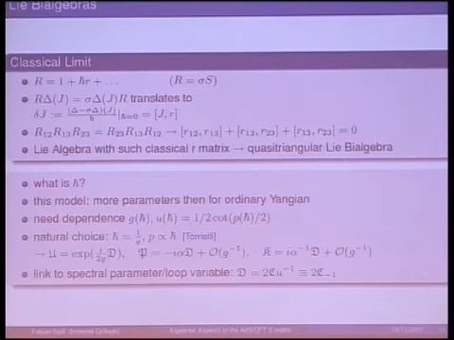One natural choice is by just setting h bar as 1 over g, so h bar to 0 means g to infinity, so we study the strong coupling limit basically, and the momentum scales just with h bar. Then we have to say how all the generators of the algebra behave.